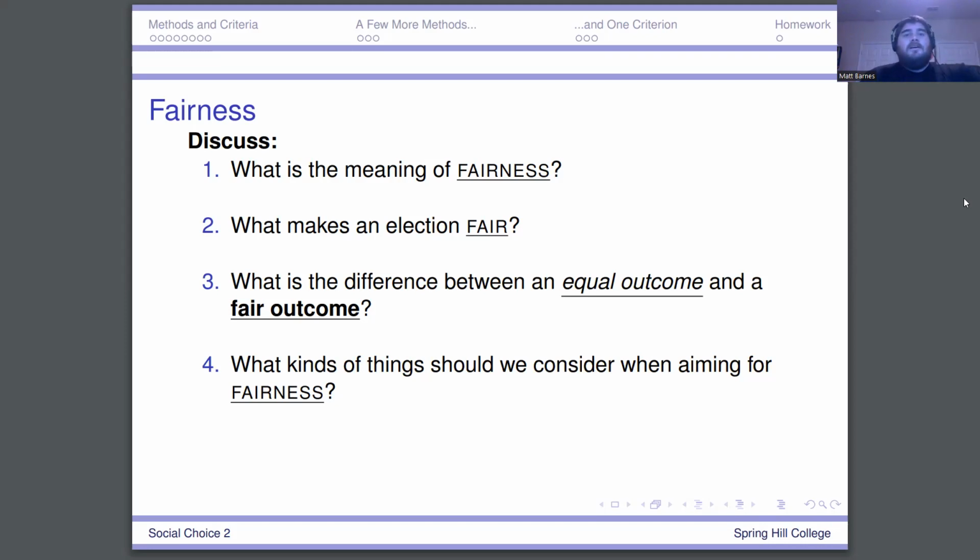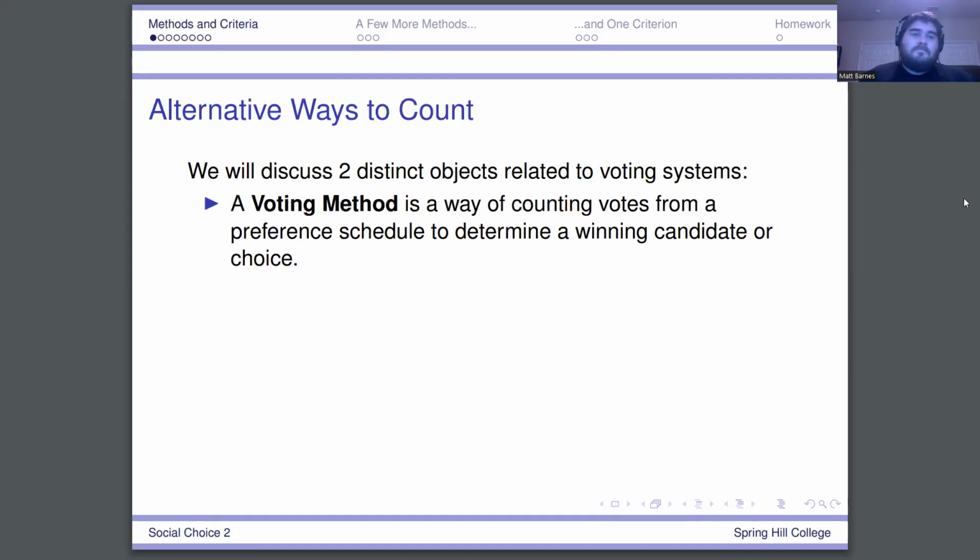That can be in terms of elections like we're talking about now, or just general ideas of fairness. I'm not going to harp too much on the definition because I think we'll see in a minute how this is going to play out. So for now, just take your own internalized ideas of what fairness is and keep that in the back of your mind as we go through these different things.